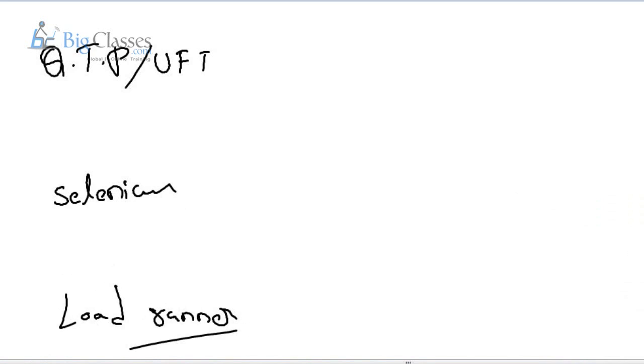So let us know QTP, UFT, Selenium and LoadRunner. What are the differences, guys? First, LoadRunner. LoadRunner is an automation tool to check application performance.